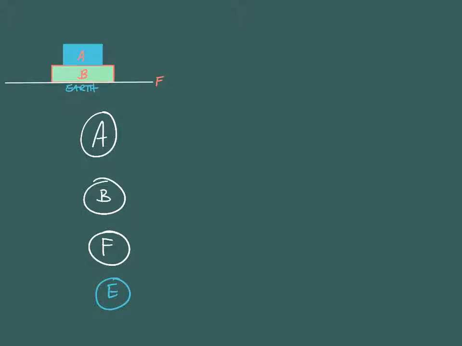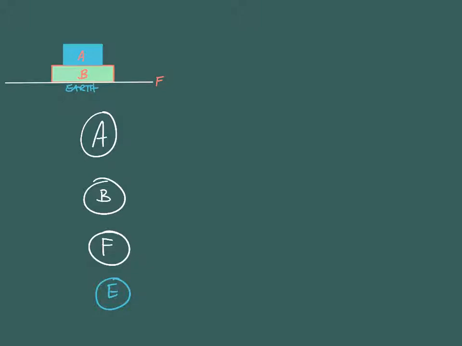And so we have this system schema. And we notice some things. A and B, blocks A and B, they're in contact with one another. They're in contact with the floor. And in this system, they're in contact with the earth. So everything is in contact in series. All right, so we want to encode for that.